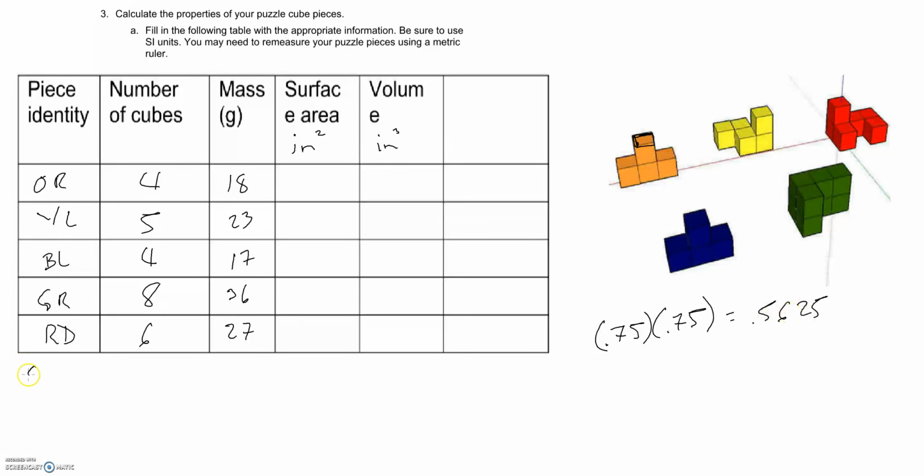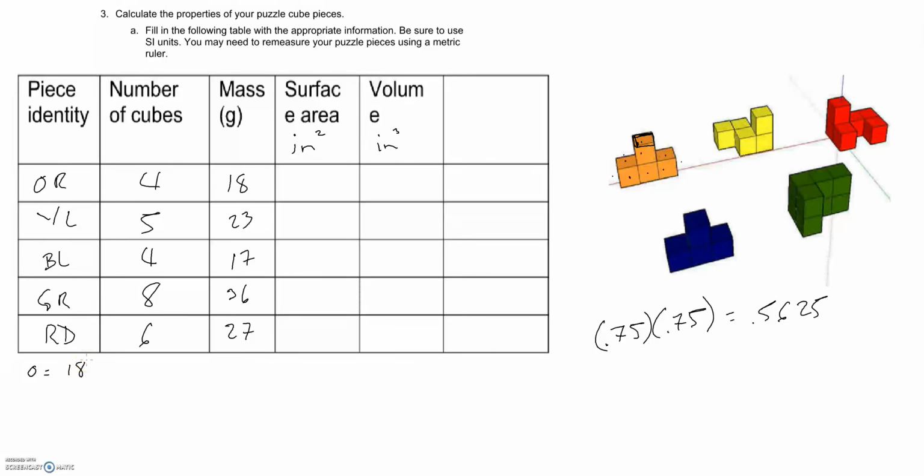So for my orange one, it would be 1, 2, 3, 4, and then the back side would have another 4. So that's 8, 9, 10, 11, 12, 13, 14, 15, 16, 17, 18. So O is going to be 18.